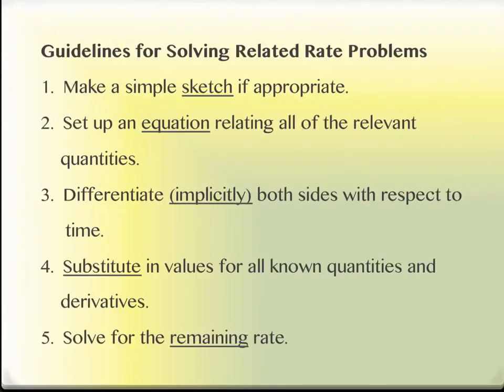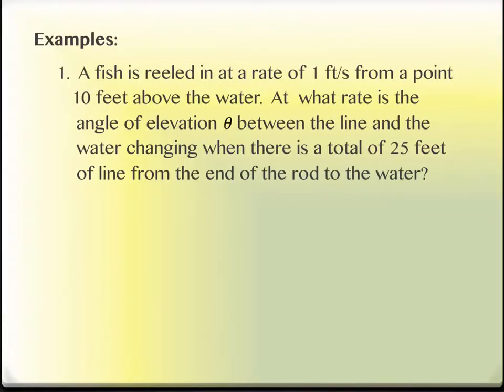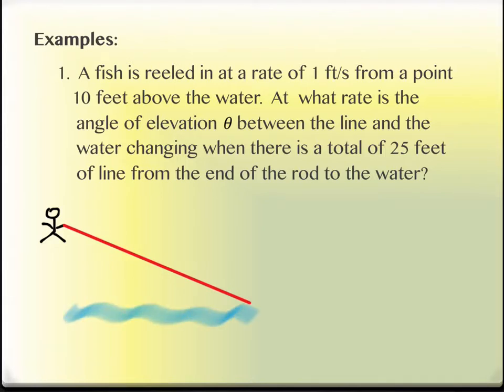So as we're taking a look back at these guidelines, a sketch is definitely appropriate, right? Okay, so you can make your sketch more detailed, but we've got our guy or girl, whoever, and they're fishing. And their fishing line is going from them out into the water, somewhere over here, and here's my water. Do you see a shape forming?